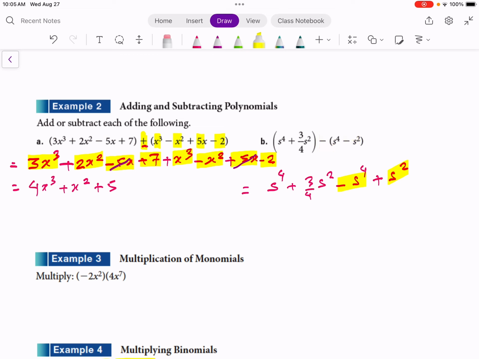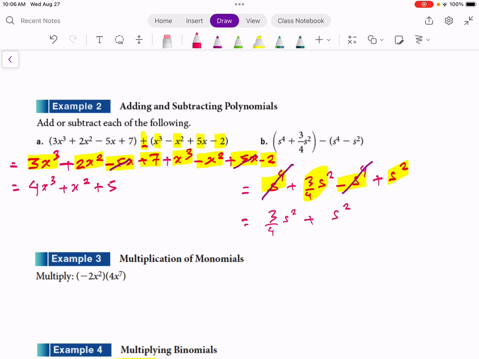Now we look for like terms. So s to the power 4 and s to the power 4 are like terms. So s to the power 4 minus s to the power 4 is 0. The next we have 3/4 s squared and plus s squared. These two are like terms. Now what is the sum? So what is 3/4 s squared plus s squared?